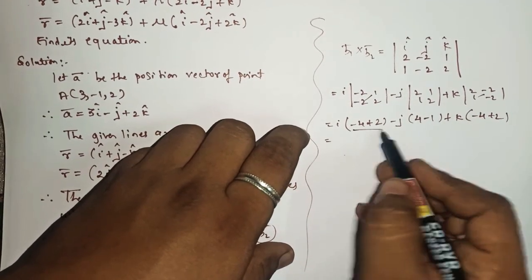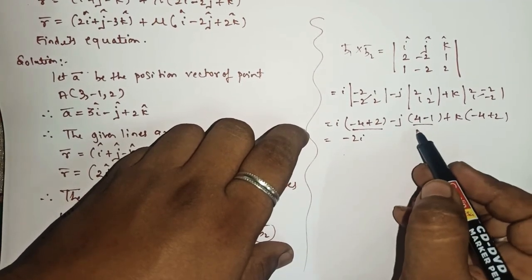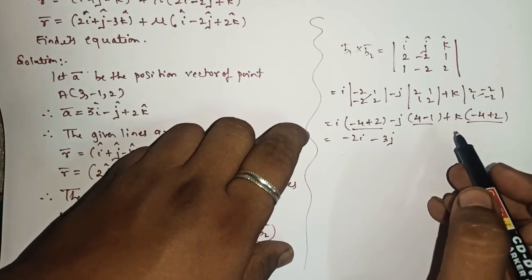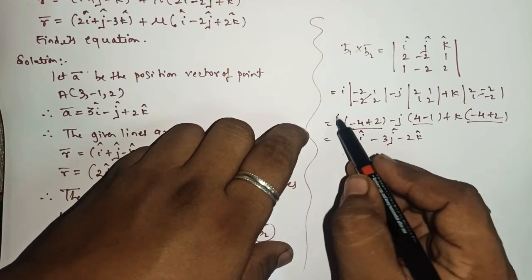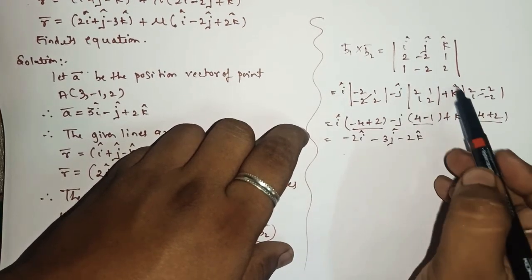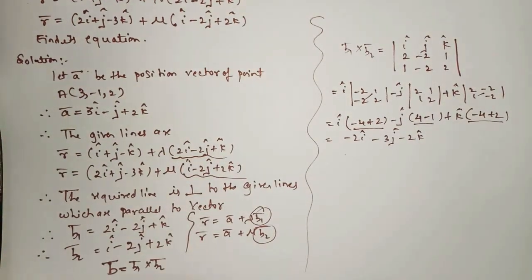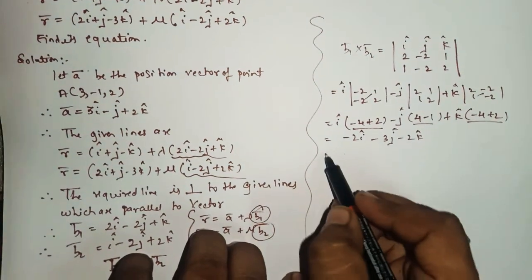Therefore minus 4 plus 2 will be minus 2i. For j, 2 times 2 is 4, minus 1 is 3, so here it will be minus 3j, and this part is minus 4 plus 2, it is minus 2k. In this way you have to find the cross product between the two vectors. So here we got b1 cross b2, and the rest is very simple.